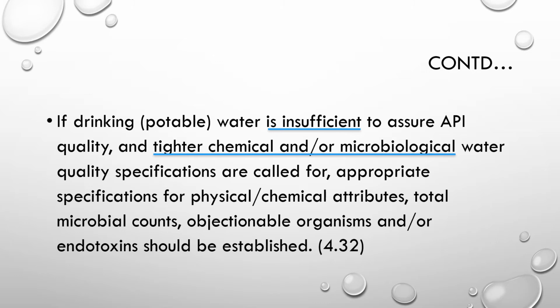So if the drinking water quality as described above is not adequate, stringent specifications may be assigned. It may include, as described here, chemical or physical attributes, total microbial counts, objectionable organisms, and endotoxins, etc.